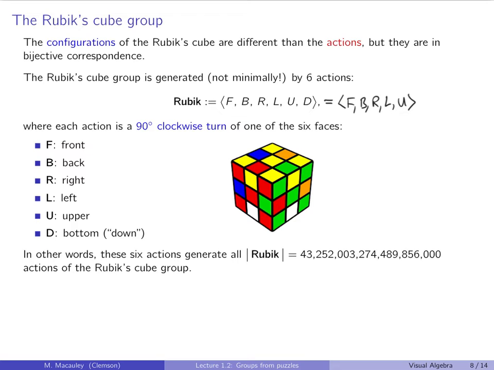Even more amazing is what a minimum generating set is. How about pausing this video and take a guess as to how big a minimal generating set is. So how many actions do you need to generate all 4.3 times 10 to the 19th?